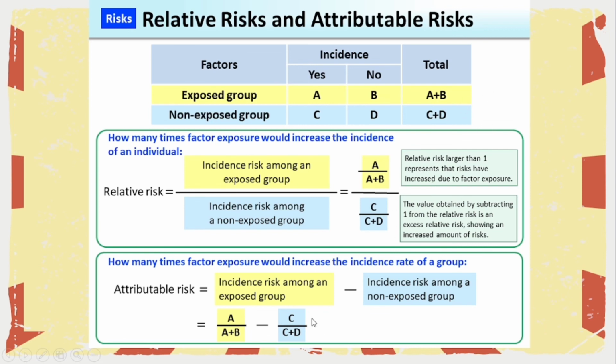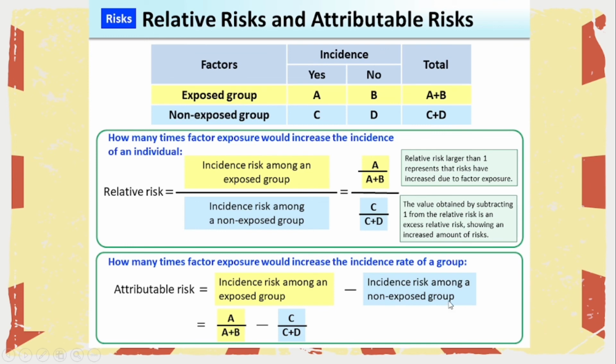And then, meanwhile, for your attributable risk, pag meron ka na ng exposed and non-exposed group, incidence risk among an exposed group minus incidence risk among non-exposed group. So, ito lang siya. Nung nakuha mo na yung exposed group mo, minus mo na siya dun sa non-exposed group mo. Diba? Basta tama yung pagkaka-label mo dun sa table, minus mo lang siya.